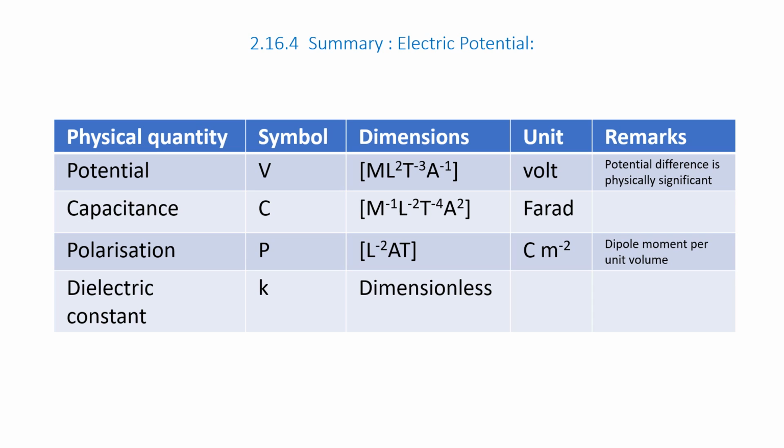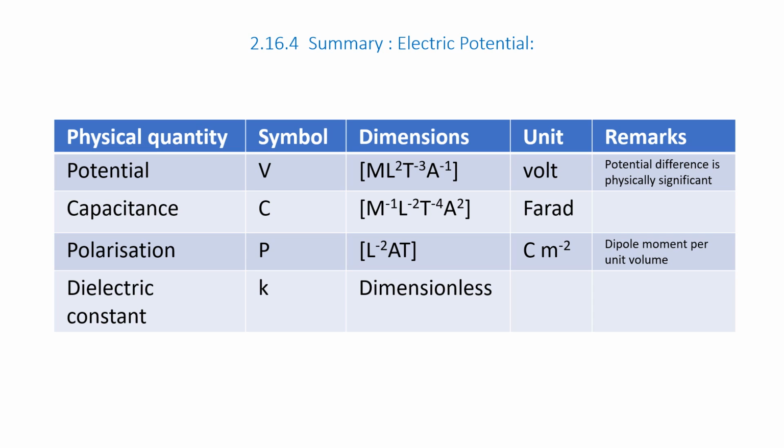Capacitance C. C is the symbol of capacitance and its dimensions are M to the power of minus 1, L to the power of minus 2, T to the power of 4, A squared. Its unit is farad. Generally, farad is too large a quantity. We mention microfarad, which is equal to 10 to the power of minus 6 farad, or picofarad, which is equivalent to 10 to the power of minus 12 farad. We use microfarads and picofarads in solving numerical problems. Polarization.